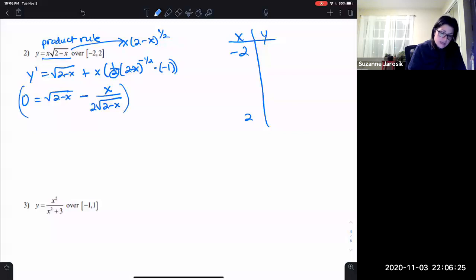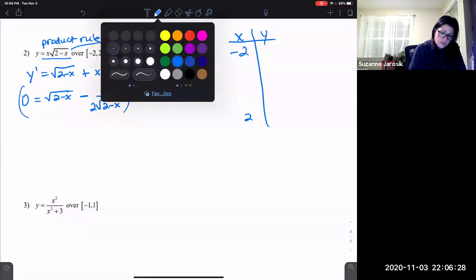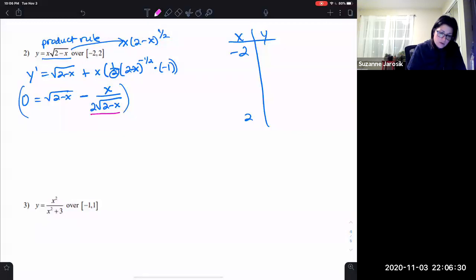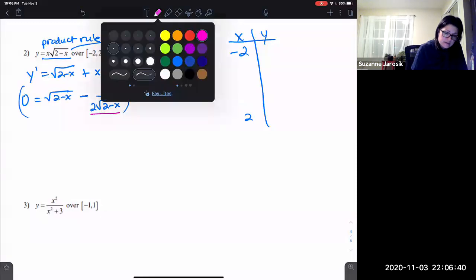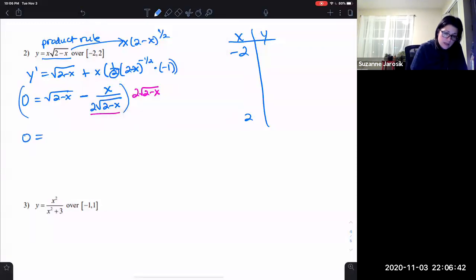I would say to multiply through by your denominator there. So if I multiply the whole thing by 2 root 2 minus x, I'm still getting 0.